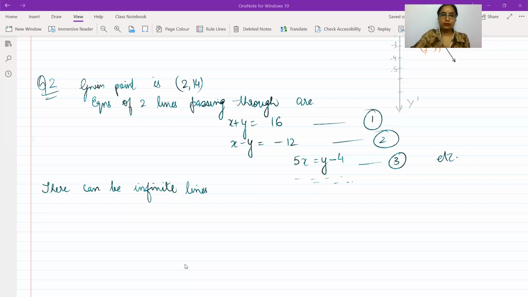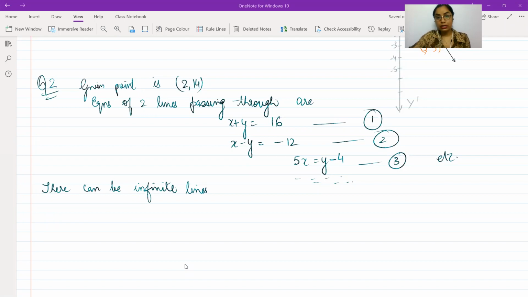For example, center of the circle, how many lines can you draw which will pass through the center? Infinite. So there are infinitely many. Just 1 point and there are going to be infinitely many lines which will pass through that point. And if we can identify the equations of those lines, we will have infinitely many equations. That's geometrically speaking. Algebraically, you can make combinations of x and y, which will have this as its solution.